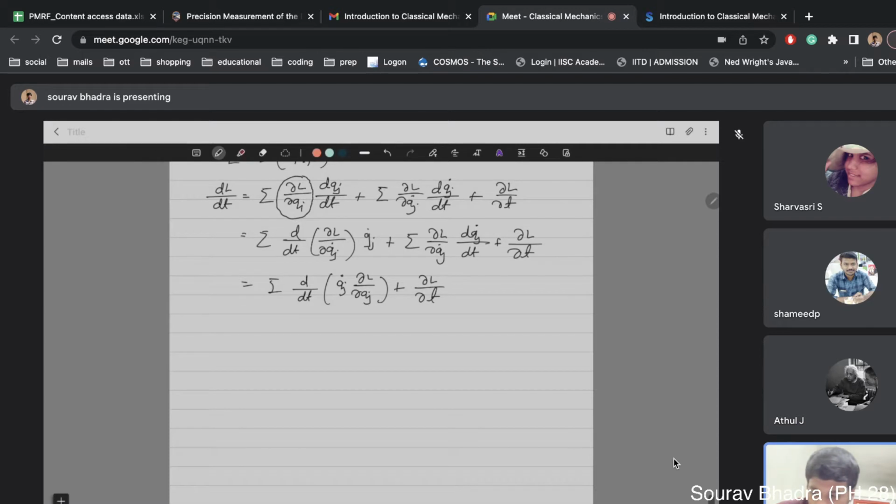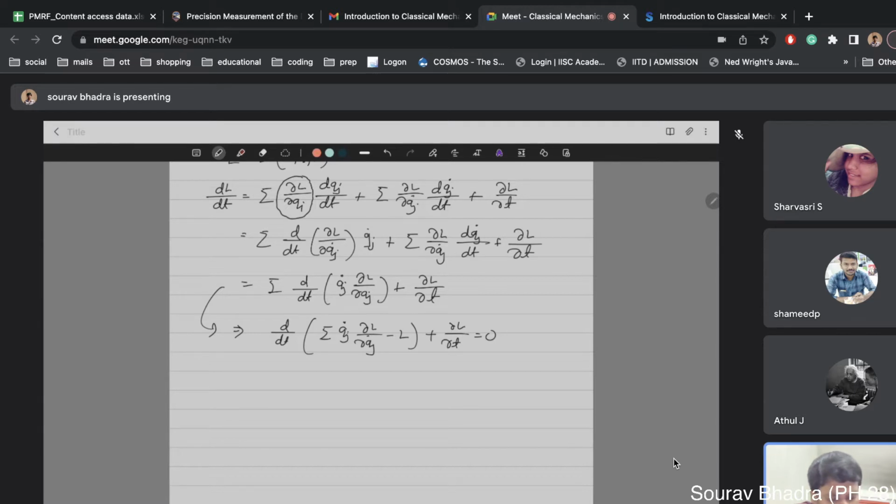Now this can also be written in the form d dt of (qj dot del L del qj dot minus L) plus del L del t equals 0. From this line to this line I have not explicitly written it down.